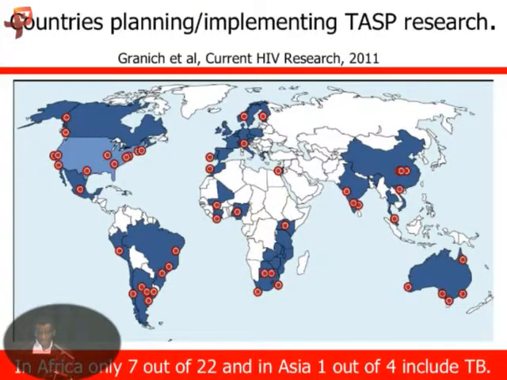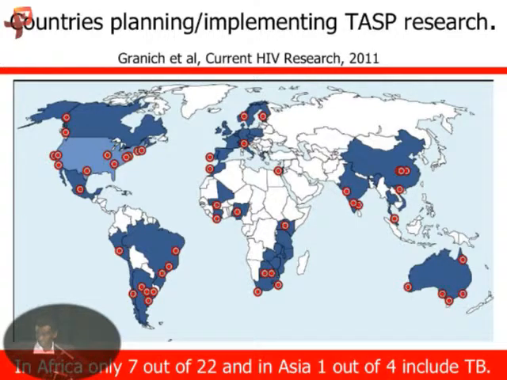This is a graph I took from the paper published by Granich and his colleagues in 2011 that showed the list of countries planning or implementing TasP research. And again, it was very surprising: of all those 22 planned or ongoing TasP research in Africa, only 7 actually put TB either in their interventions or in their outcome.